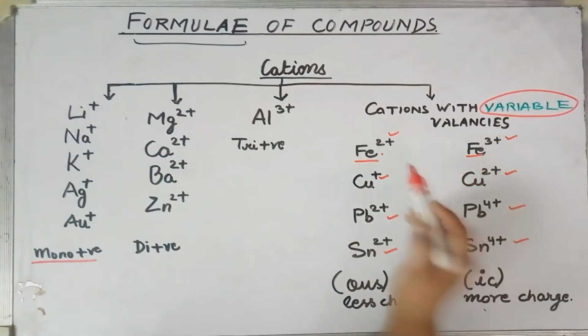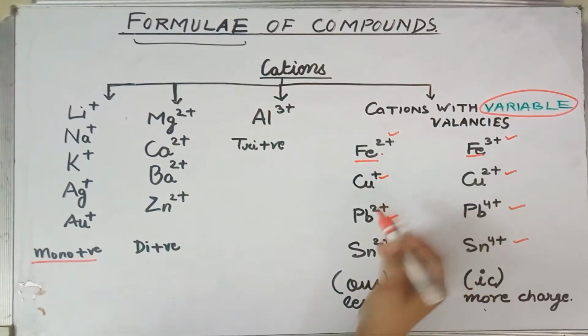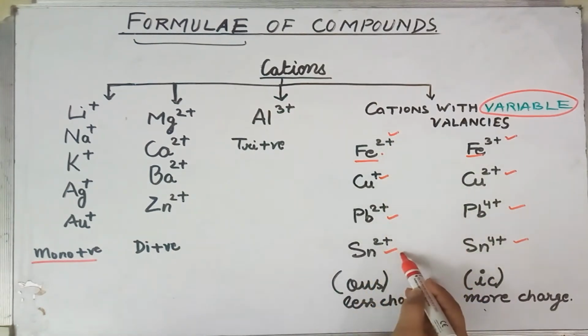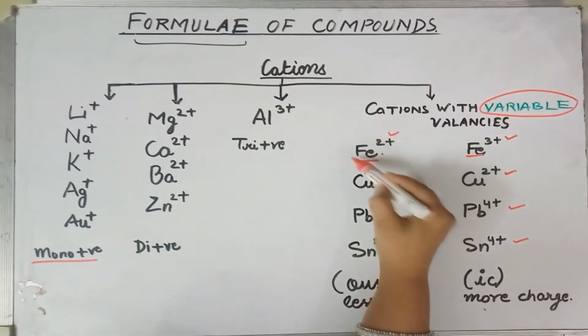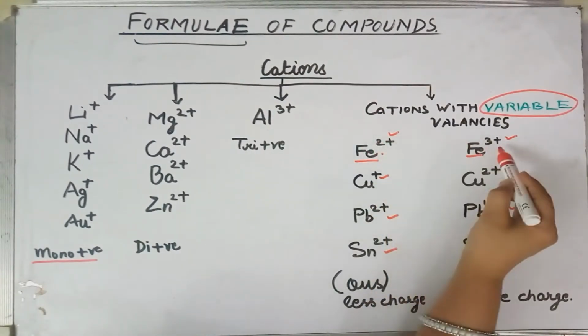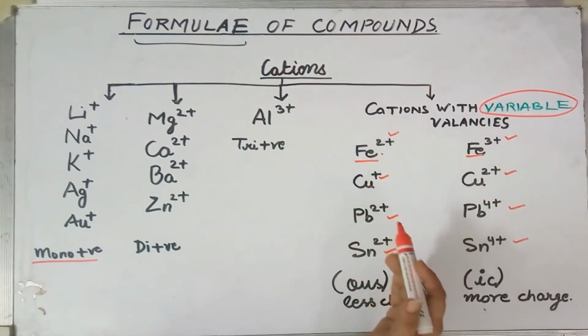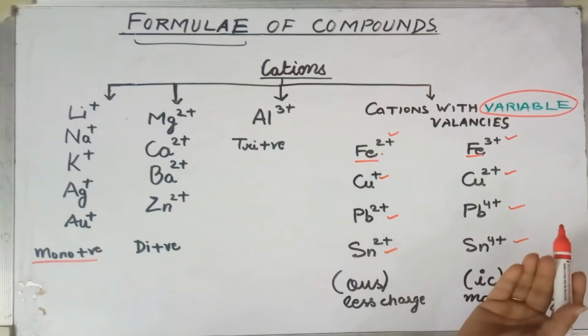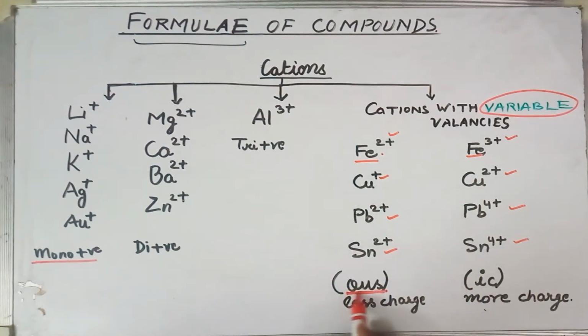While naming these variable valency cations, we have to make sure which valency is less out of the two. You can observe here Fe+2 and Fe+3, +1 and +2, +2 and +4. One of the valencies is less and the other is bigger. The ions with the lesser valency will be suffixed with 'ous' along with their names.